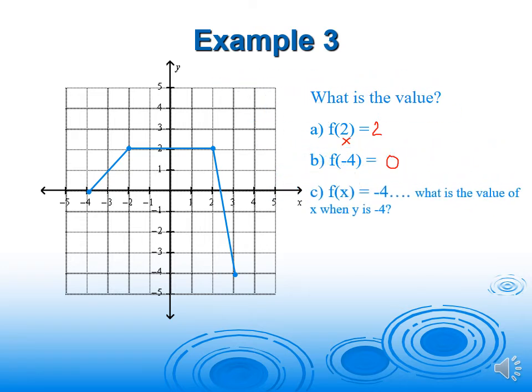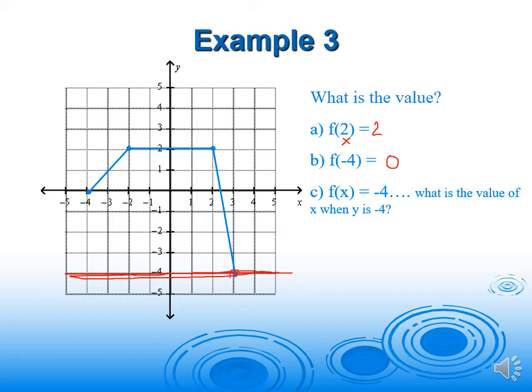Now, what if I flipped it? What if instead of saying f of negative 4, I say f of x equals negative 4? That's like saying, what is the value of x when y is negative 4? So now we go along the y-axis and we look for y being negative 4, which is along this line here.